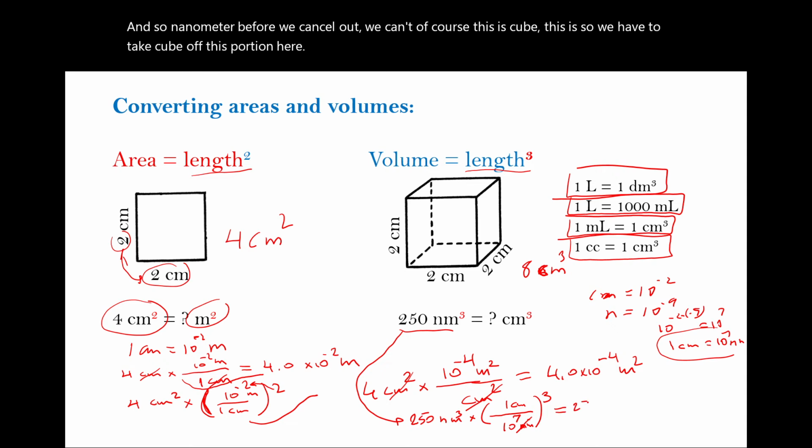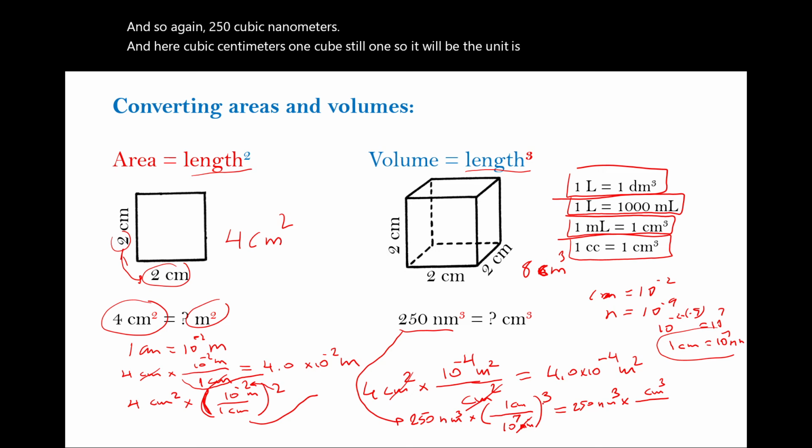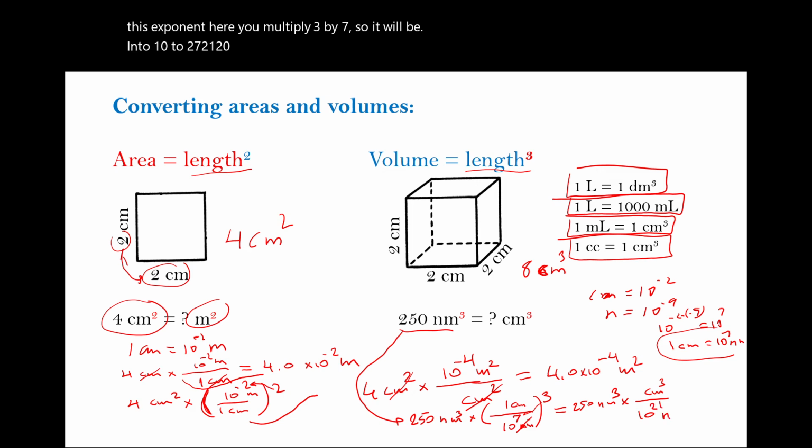So again, 250 cubic nanometers. And here, cubic centimeter, 1 cubed is still 1, so the unit is cubic centimeter. And this exponent here, you multiply 3 by 7, so it will be 10 to 21, and the unit will be nanometer cubed.